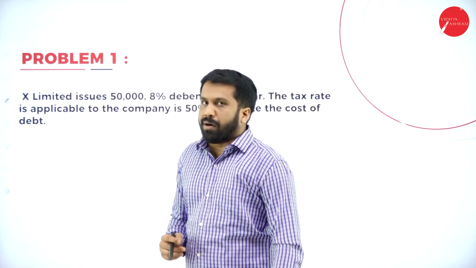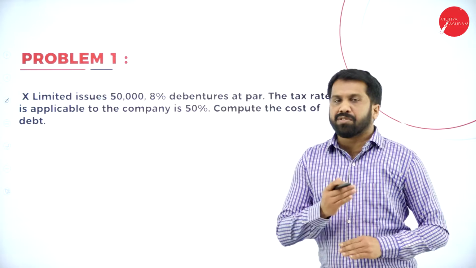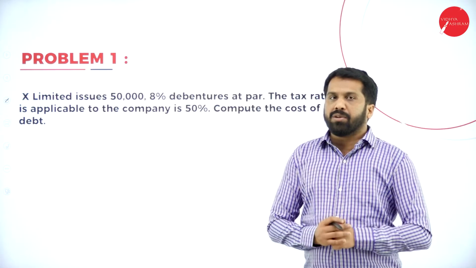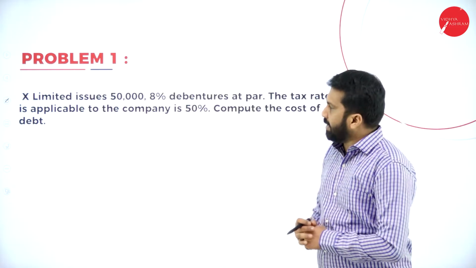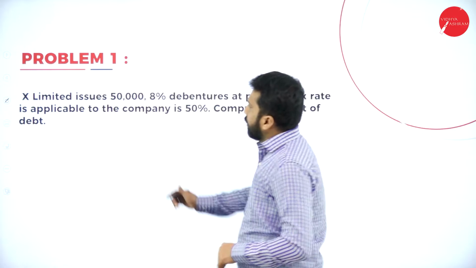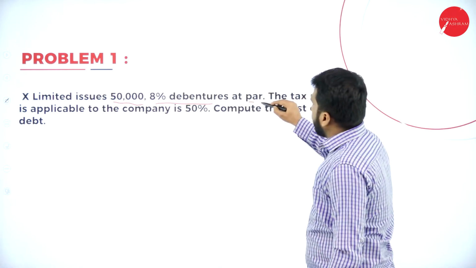Next, problem number 1. I'll go slowly, step by step, so that in the beginning you understand. Later you can do it on your own, but in the initial stage, we'll go as slow as possible. Now, X Limited issued 50,000 8% debentures at par.